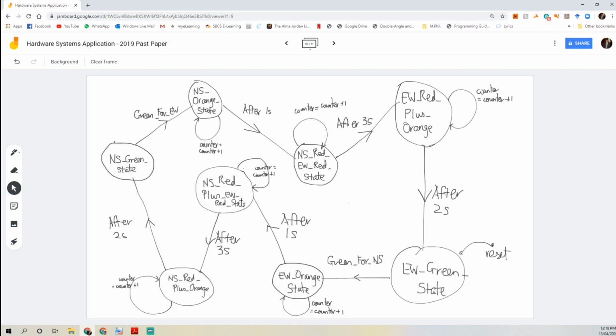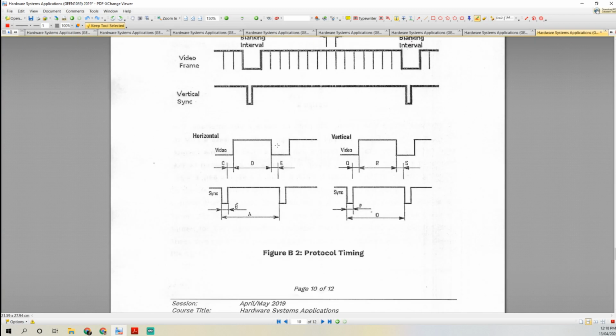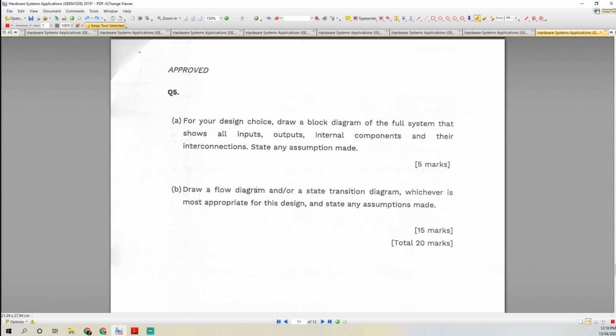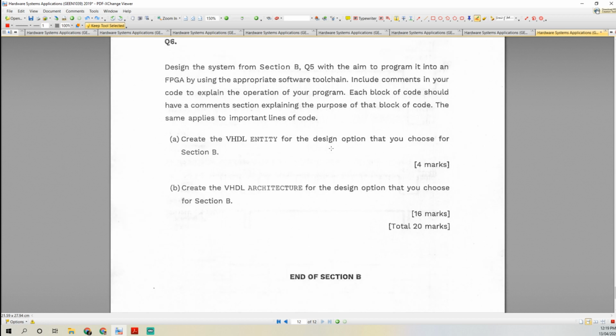Okay, so let's see where we are right now in terms of the question. So we are finished with our finite state machine diagram. The next step is then to write the code for this.